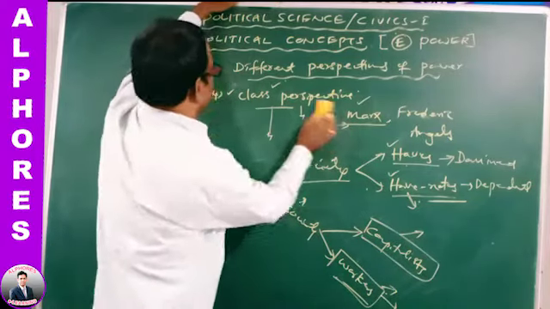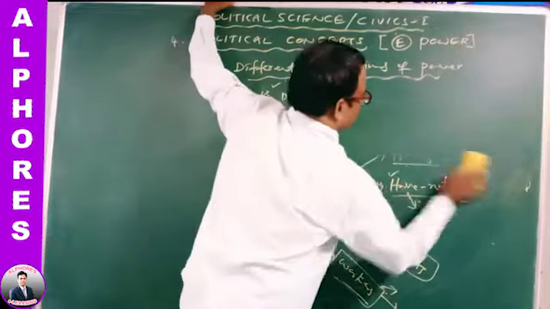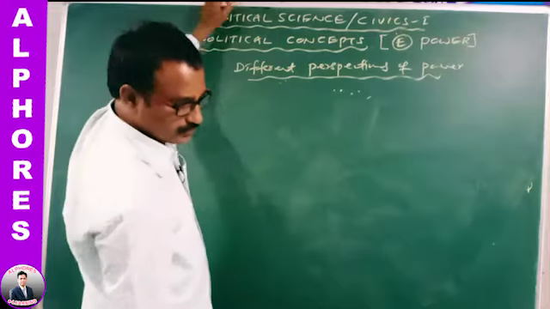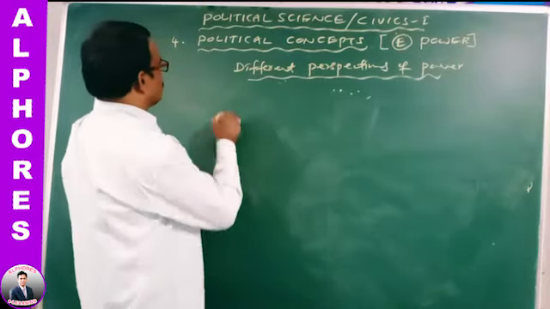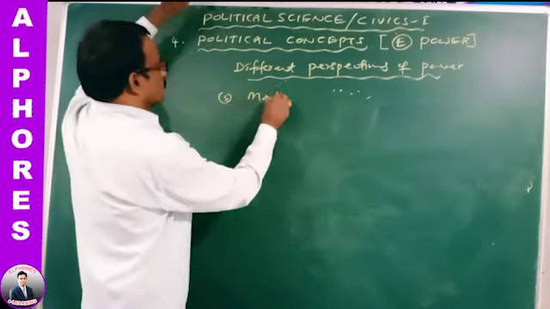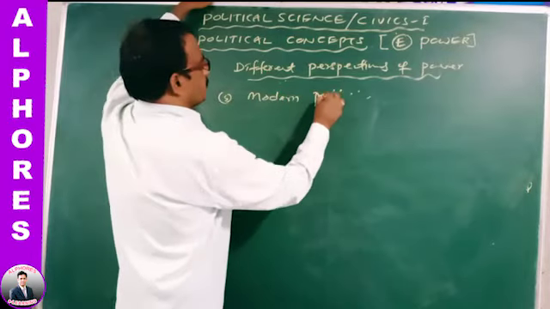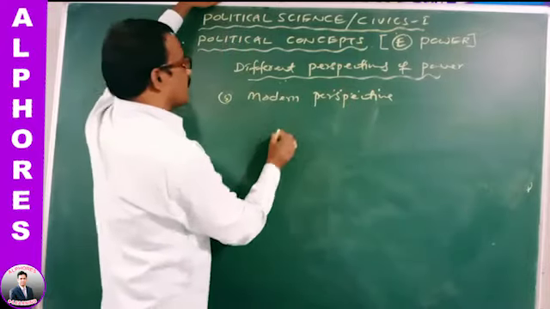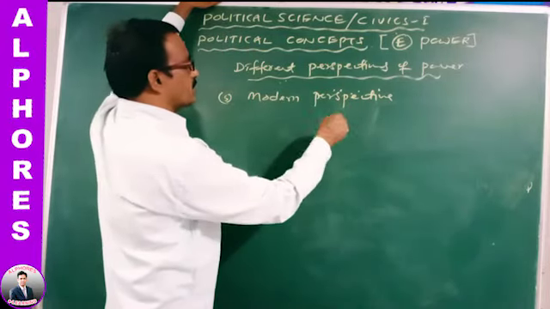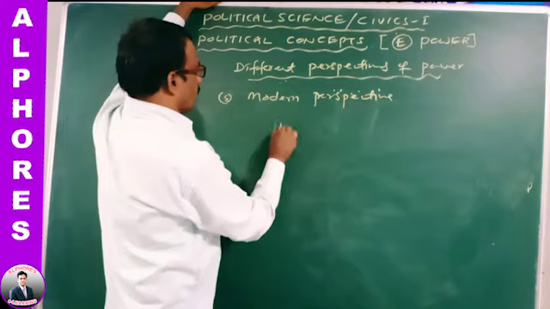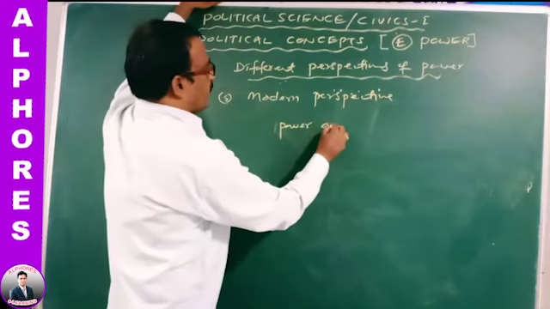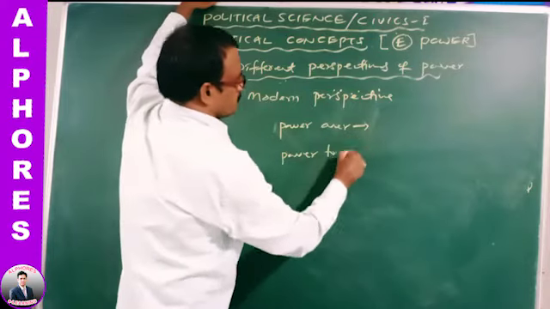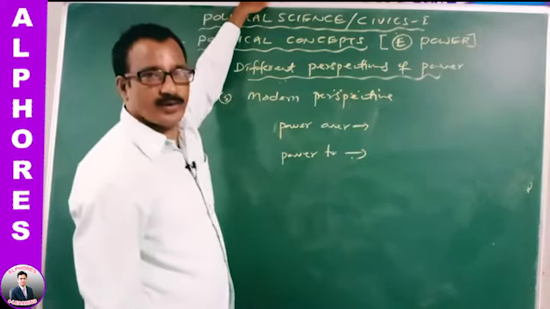Is it clear? And the last perspective is the modern perspective. The modern perspective is concerned with power over and power to.